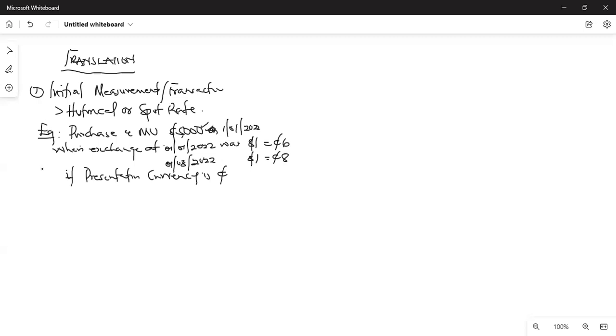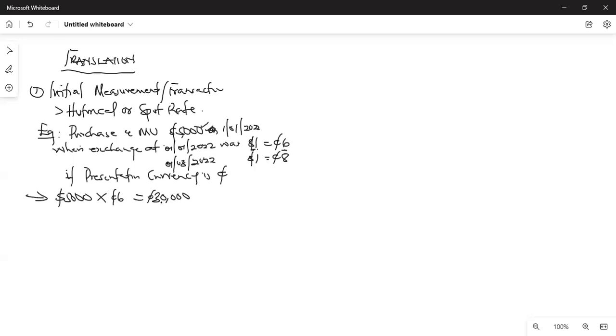So herein, this is how you are going to record your transaction. So you do $5,000, and if $1 is equal to 6, how much $5,000 will be? Will be $5,000 multiplied by 6 Ghana cedis. And therefore, this one will give you 30,000 Ghana cedis.